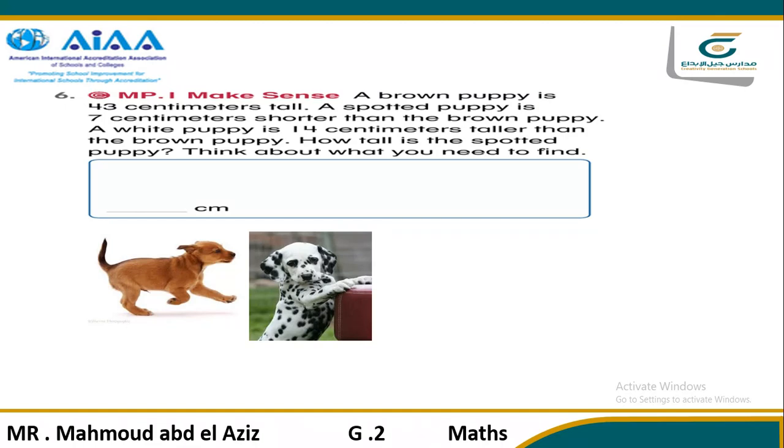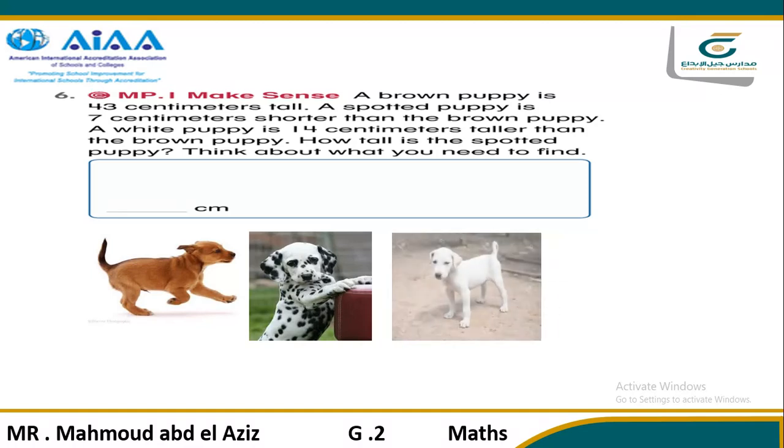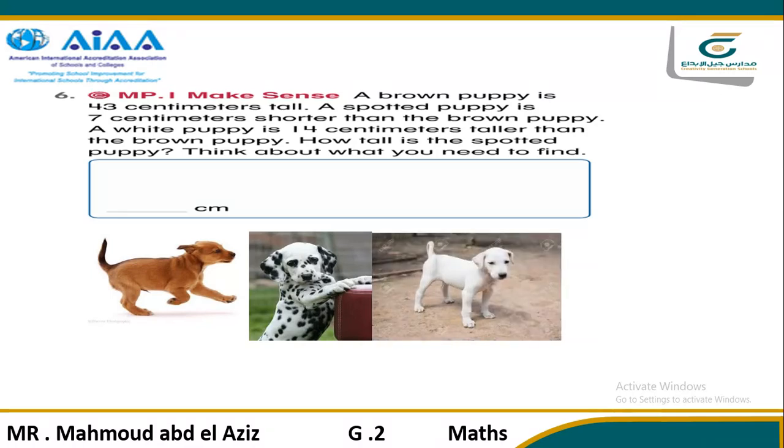So think about what you need to find. We have here the last bobby, the white bobby, which is 14 centimeters taller than the brown bobby. I will not use this information. I will just use the first one here, which says that a spotted bobby is 7 centimeters shorter.